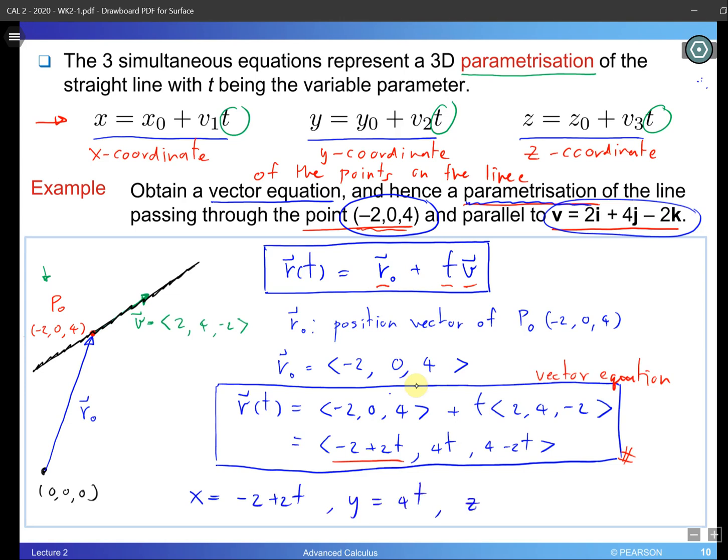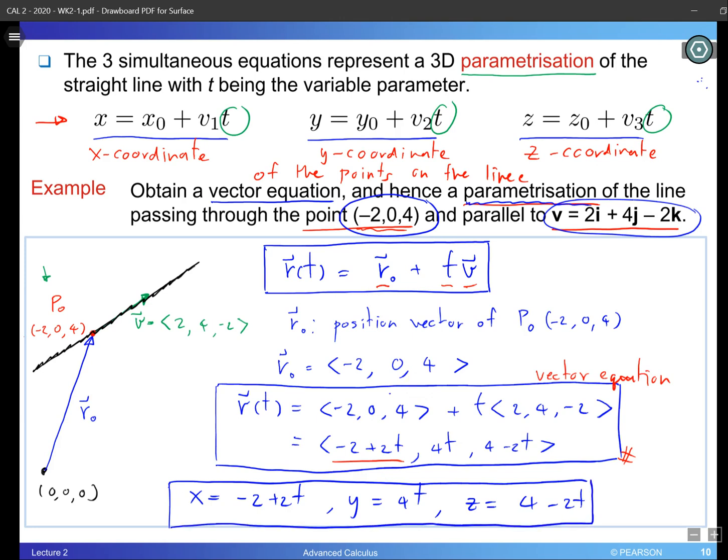And for the z component, easy, 4 minus 2t. And what you see right here is the parametrization of the straight line in 3D. The parametric representation of the line. Right, and that is it.